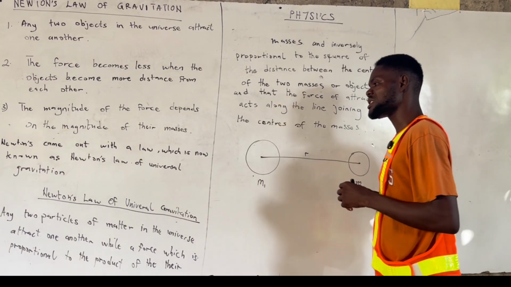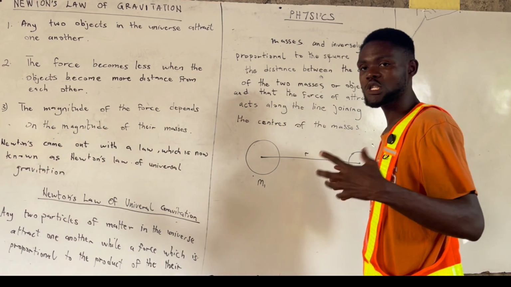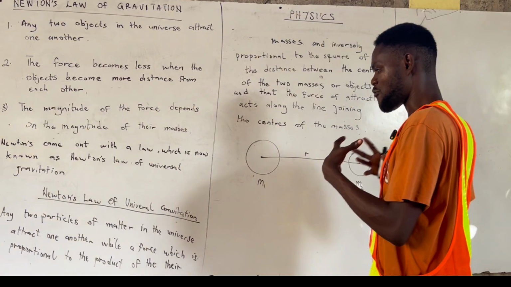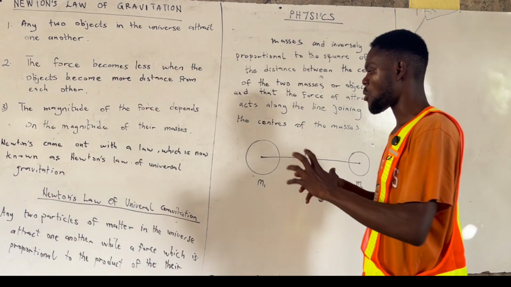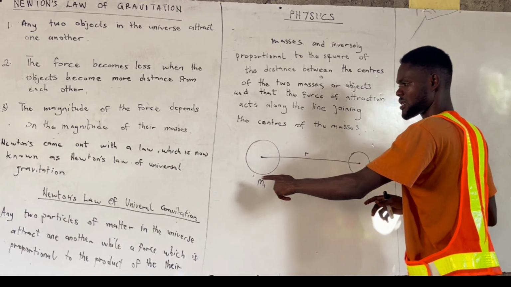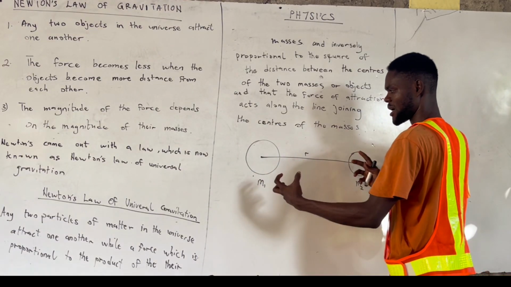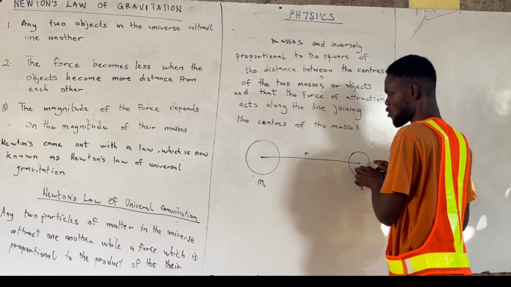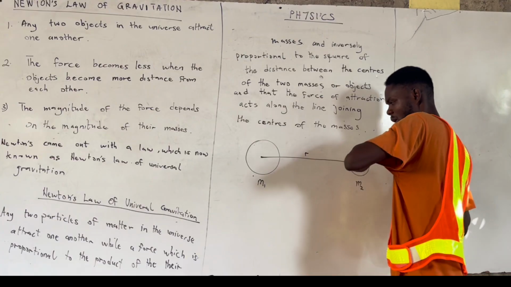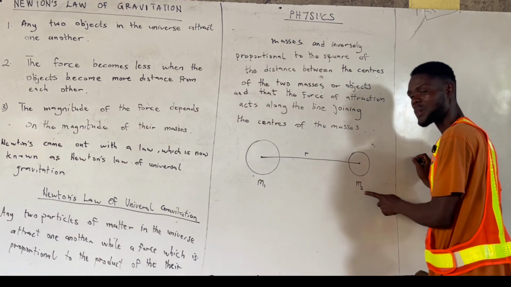There's a force between these two bodies which attracts each other, and that force is directly proportional to the masses of the bodies. This mass is pulling the other object, and the other mass is also pulling this one.